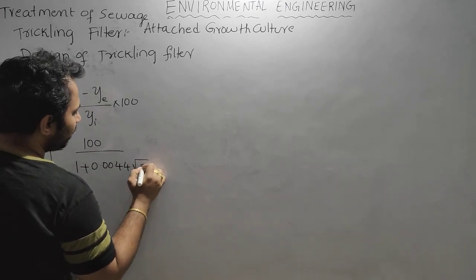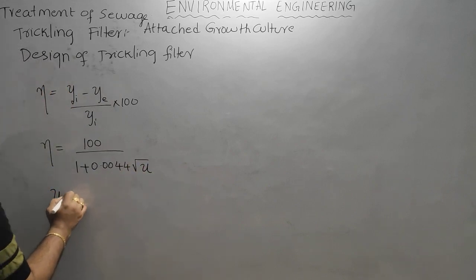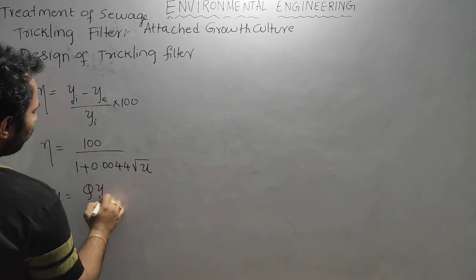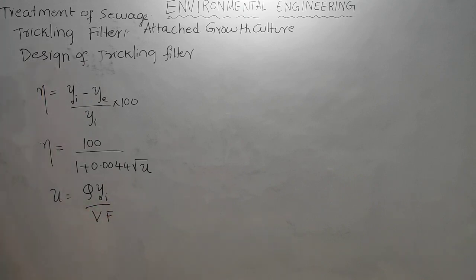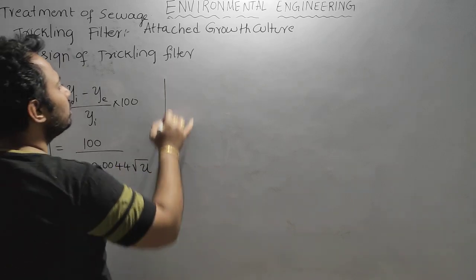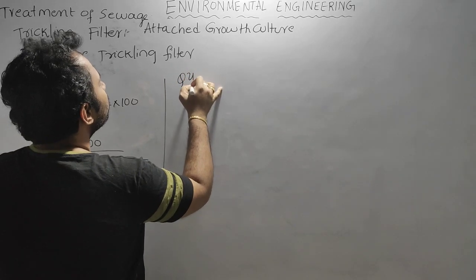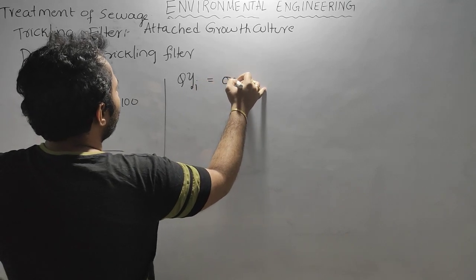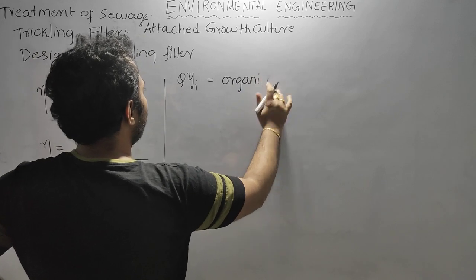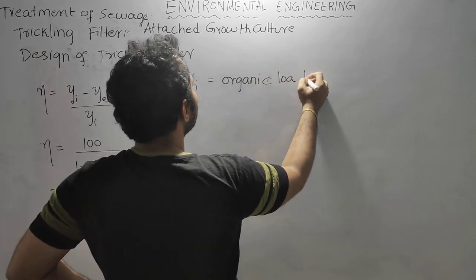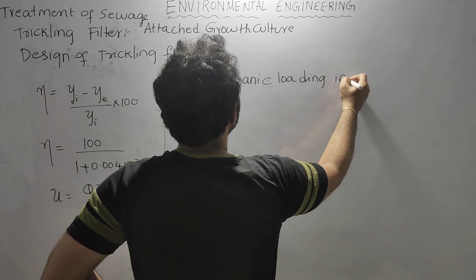This u is the organic loading rate, where u is equal to Q into Yi by V into F. What is Q into Yi? It is the organic loading in kg per day.